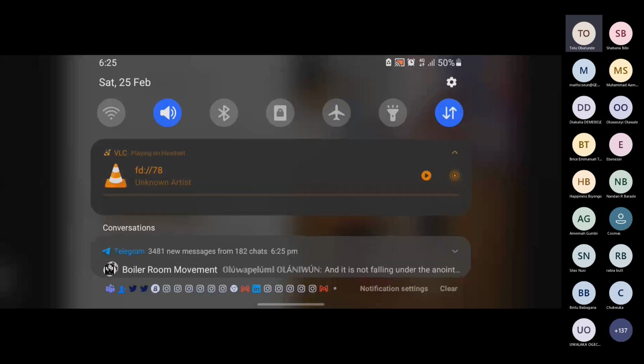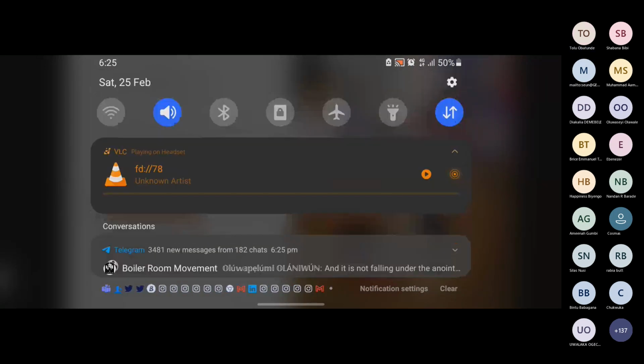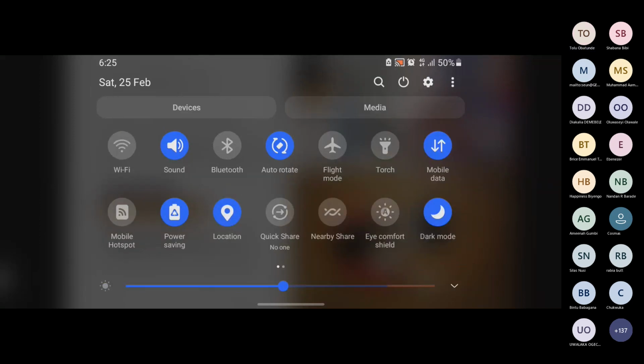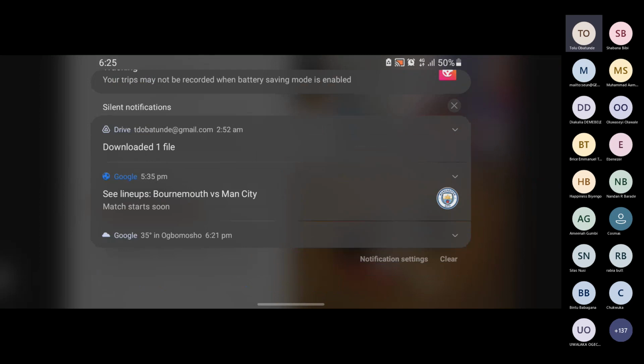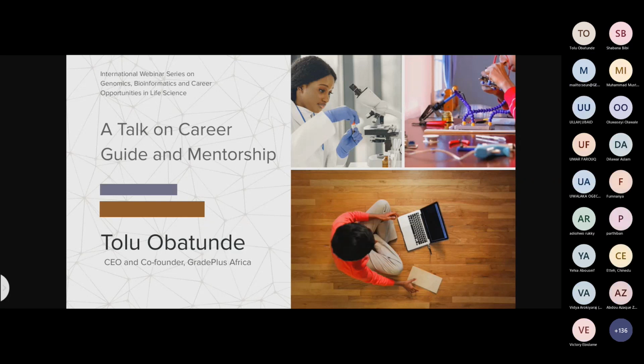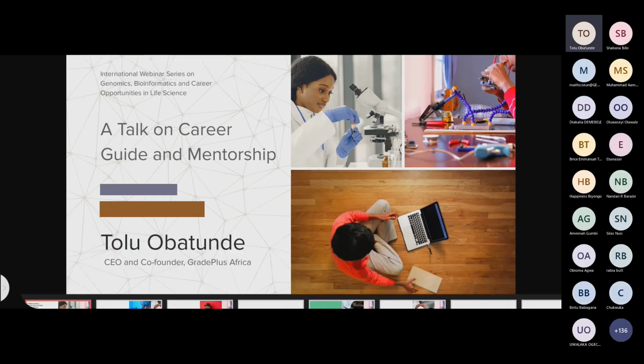Okay. So I don't know if you can see my screen. Permit me, I'll be sharing from my phone. I believe you can see my screen. Can anybody see my screen? Yes, we can see you. Continue, please. Oh, you can see my screen clearly. All right, thank you.